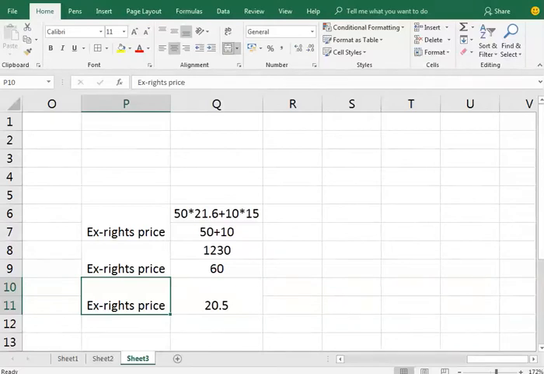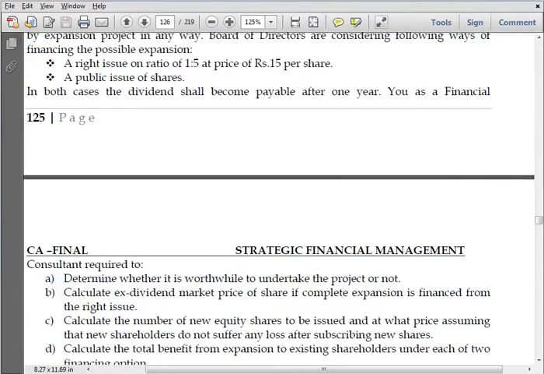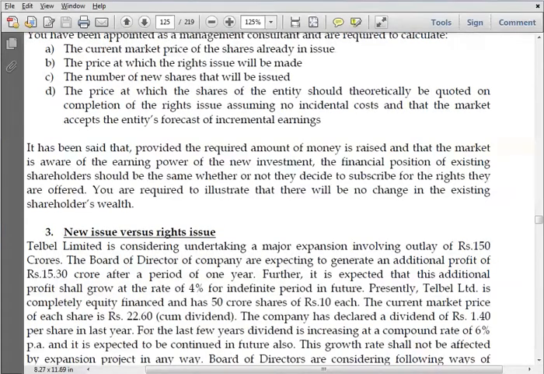The important thing is your existing price is 21.6, it's not 21.2. Be careful about that. The moment the project is announced, yeah. 50 crore shares of 10 each, so 50 crore shares are there.